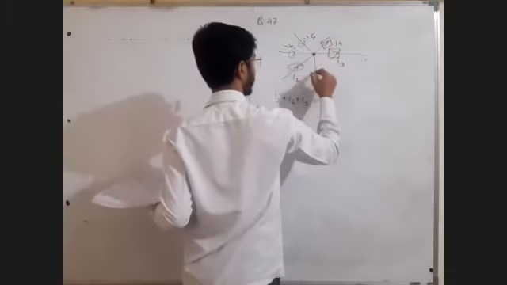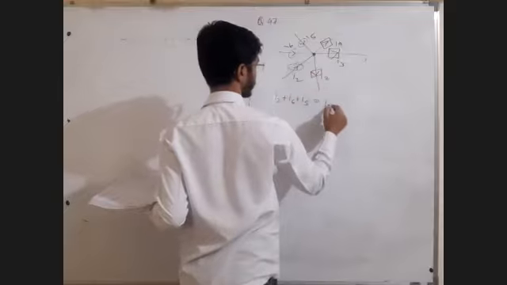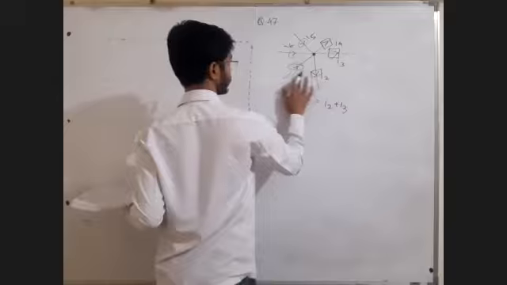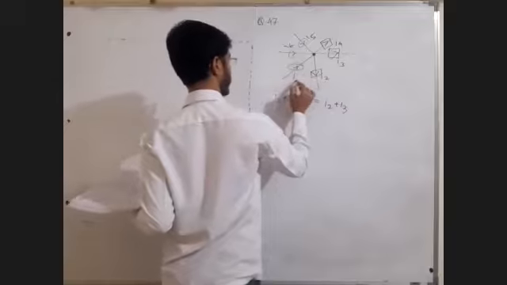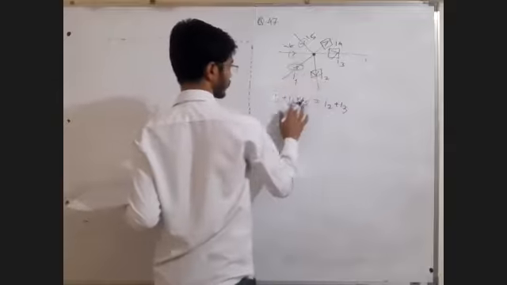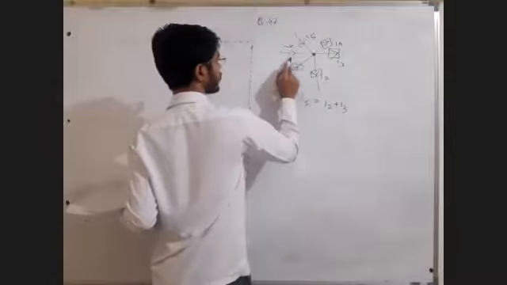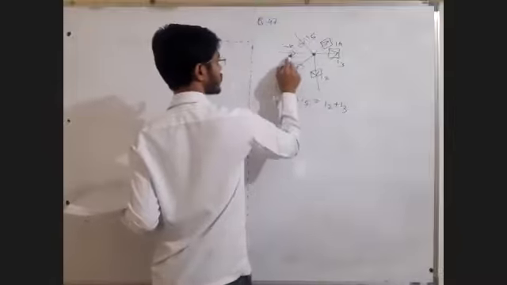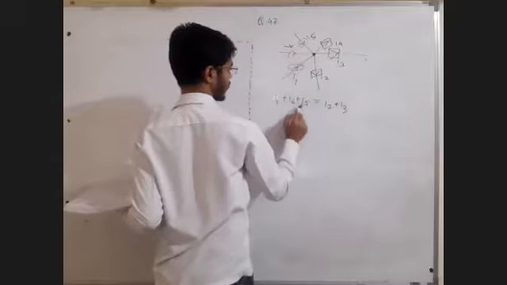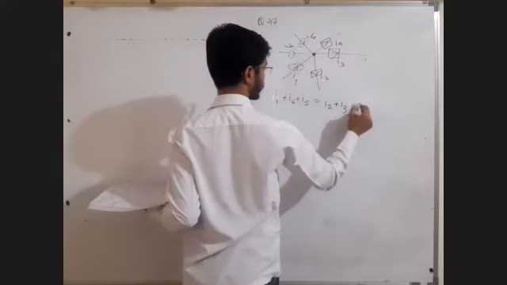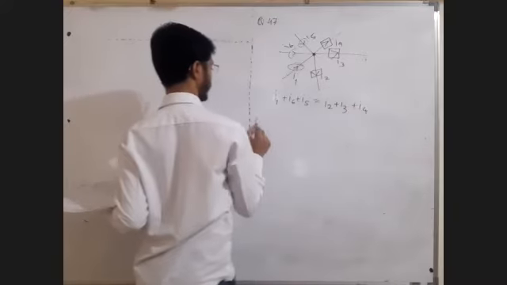Away, away, away. I2, my mistake. This shall be I1, I6, I5, currents flowing towards the junction. I1, I6, I5 is equal to currents flowing away from the junction: I2, I3, I4.